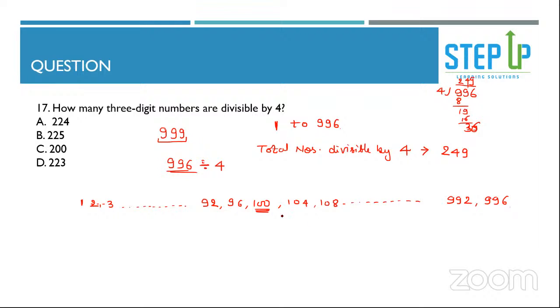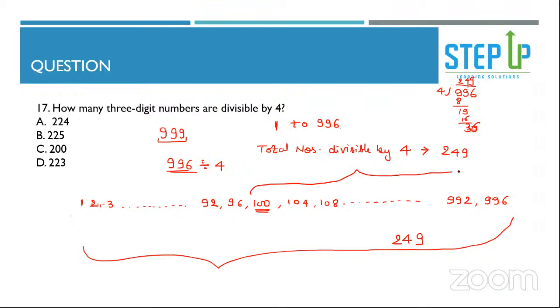So when I look at this entire thing, I have 249 numbers which are divisible by 4. I need the numbers from this part to this part, right?